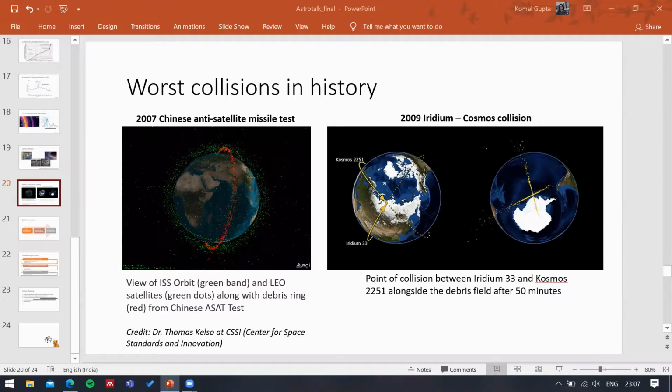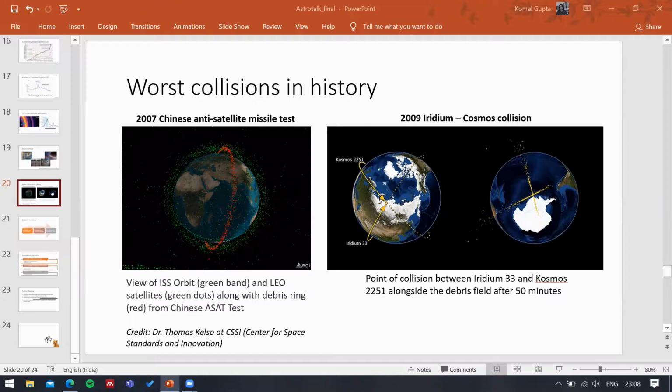I mean, you can get accurate data, and that can help us track those less than 10 centimeter across debris that we cannot track from the ground.